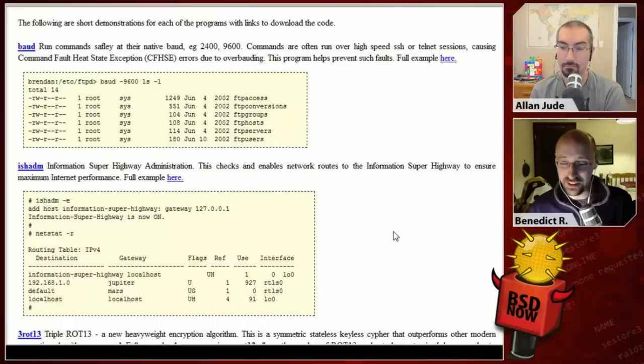So there are utilities like the triple ROT13 encryption algorithm, which is an interesting twist on the original ROT13.